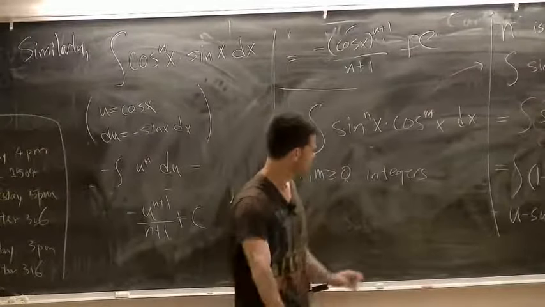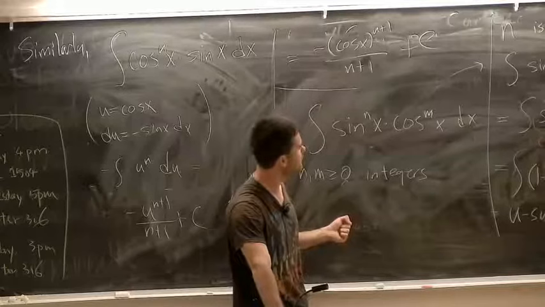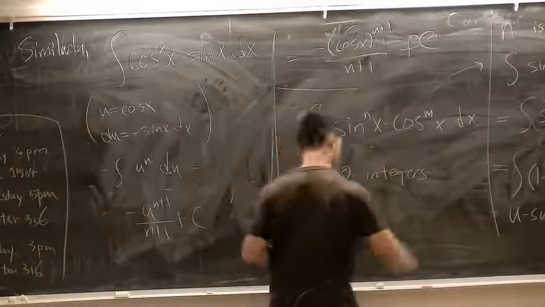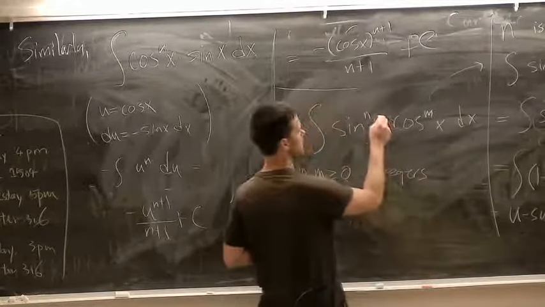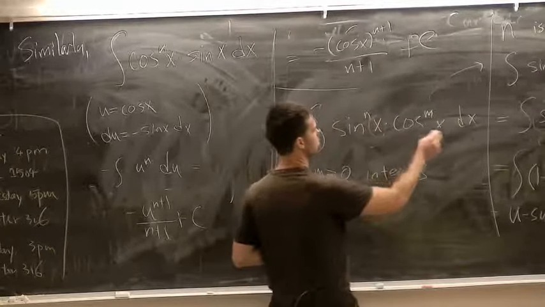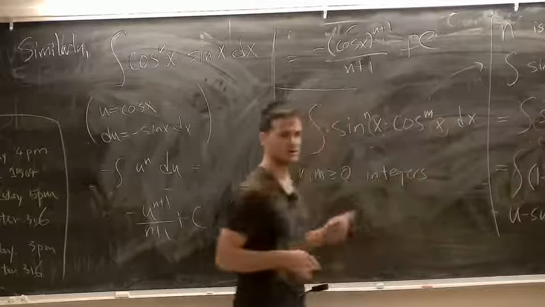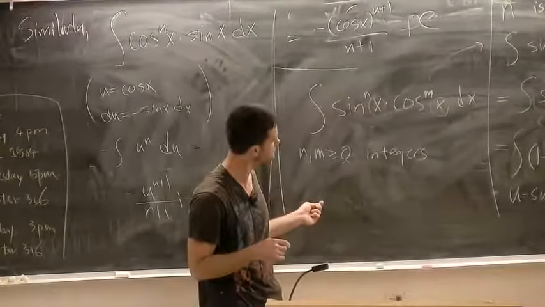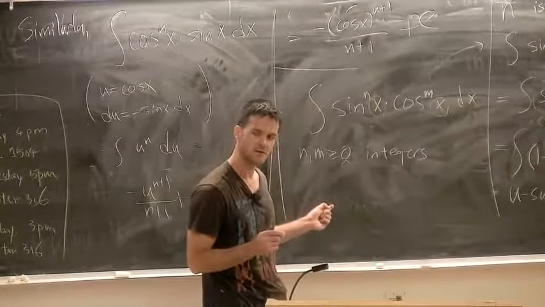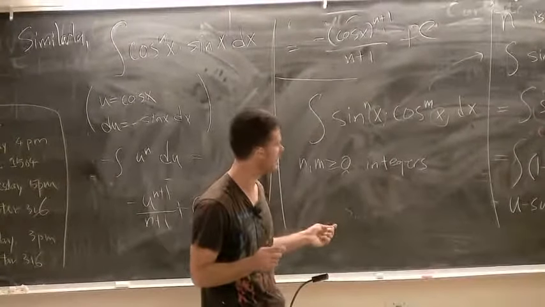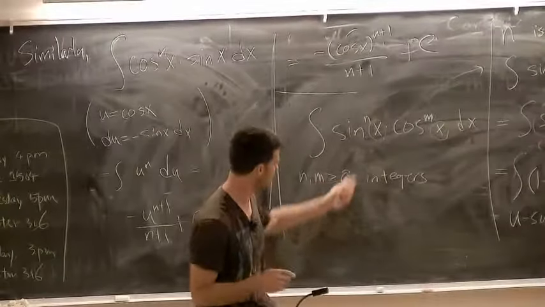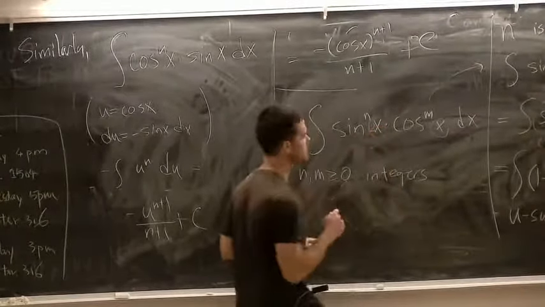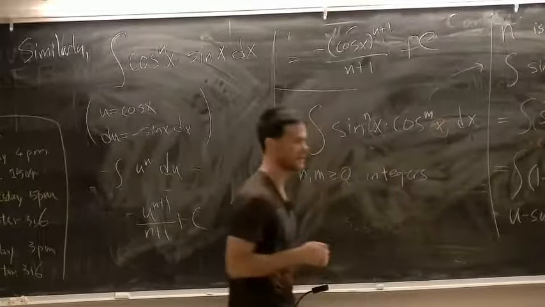And now let me make the problem a little bit harder. Notice in all these examples, the arguments were just x. These are sines and cosines of the same frequency. What if I start messing with the frequencies though? Like instead of x, what if I made it a 2x and a 5x or something like that?